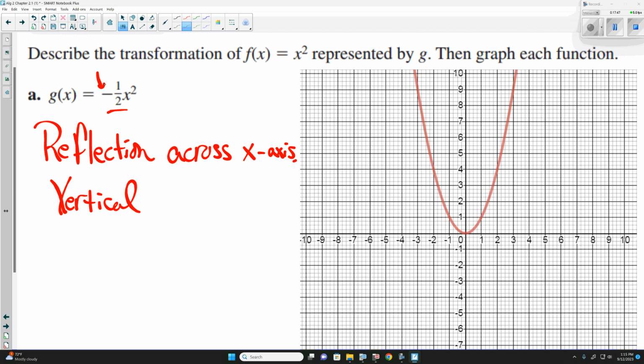So it's going to be a vertical shrink of 1/2. When we talk about vertical, we're talking up and down, vertical movement. And a vertical shrink means along the y-axis, it's going to be increasing slower than our original function.